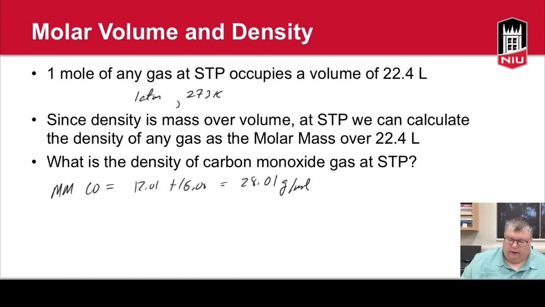We're going to take that 28.01 grams per mole over 1 mole of gas is 22.4 liters, and we're going to get rid of the moles. We know that the 1 mole is there, so it's 28.01 grams.